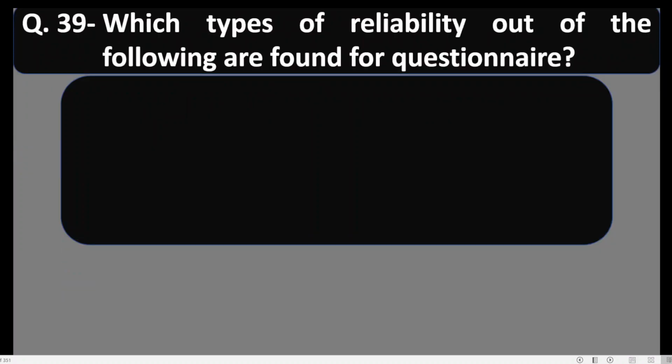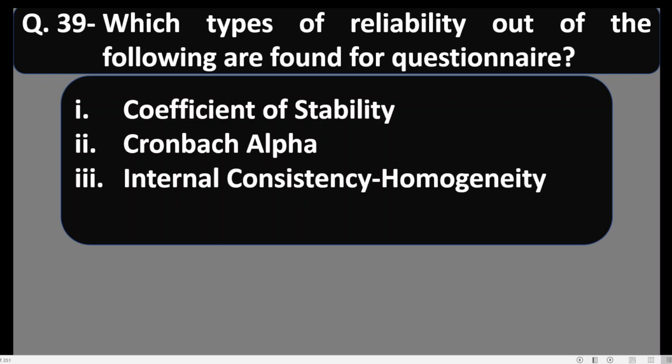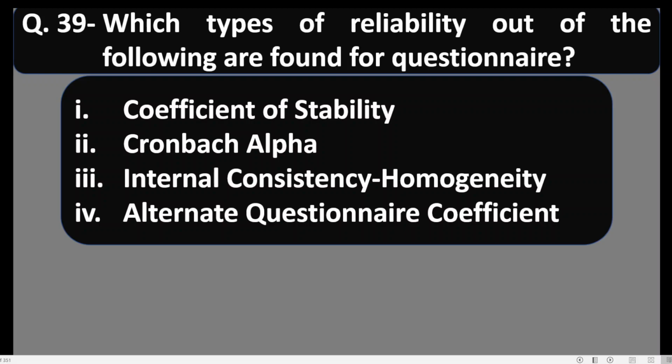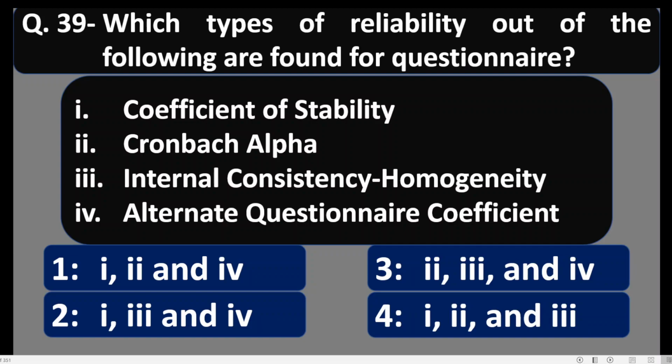Question number 39. Which types of reliability out of the following are found for questionnaire? Number 1, coefficient of stability. Number 2, Cronbach alpha. Number 3, internal consistency, homogeneity. Number 4, alternate questionnaire coefficient. Let us see which methods are given. Coefficient of stability is one. Cronbach alpha is not a method of finding reliability of the questionnaire, as we have seen in previous questions, so it is incorrect.